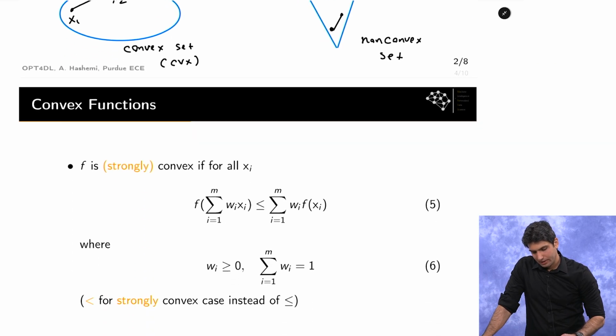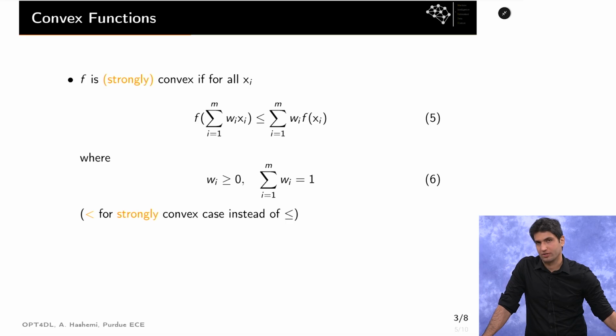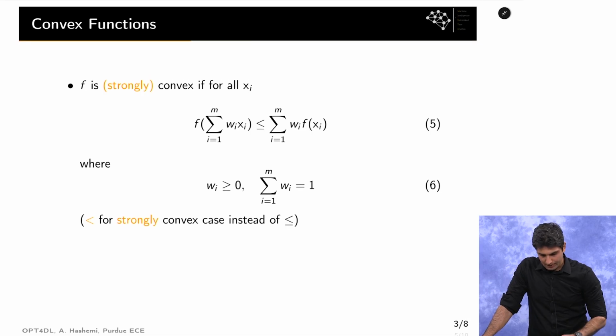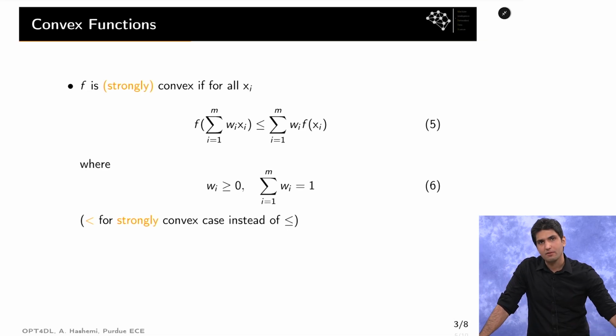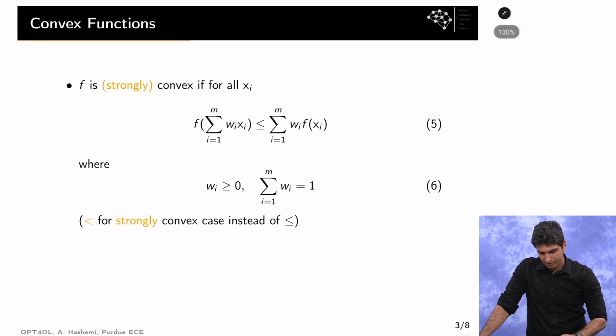All right. Now let's talk about convex functions. And I will say again that my definitions here are sometimes not very precise. I'll just try to convey the main concepts that we need in this course.